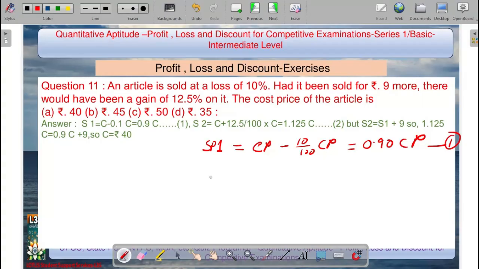This is equation 1. Now had it been sold for rupees 9 more, there would have been a gain of 12.5% on it.